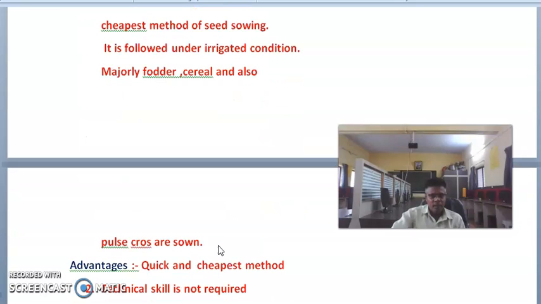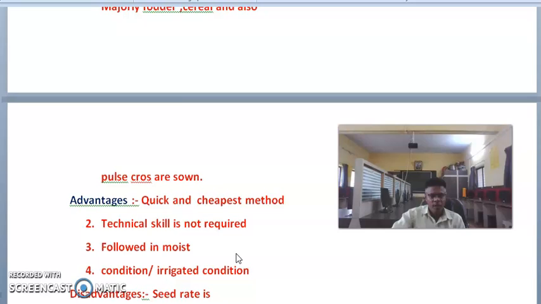The advantages of this method are that it is quick and cheap. Seeds are quickly sown into the field. Technical skill is not required for the labor.